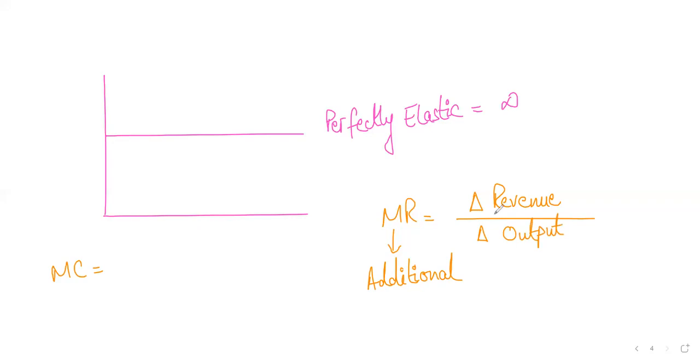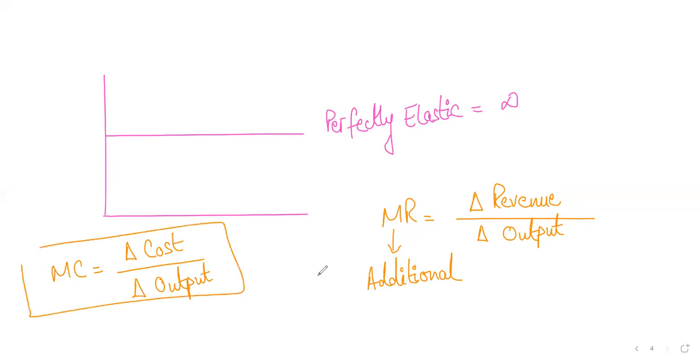Are you following? So what is the change in revenue due to change in output? That is your marginal revenue. Similarly, what would be the formula for marginal cost? How much is the change in cost? This triangle, as I've already told you, means delta. Delta means change. So what is the change in cost due to change in output, due to production of one more unit of good? That is your marginal cost.